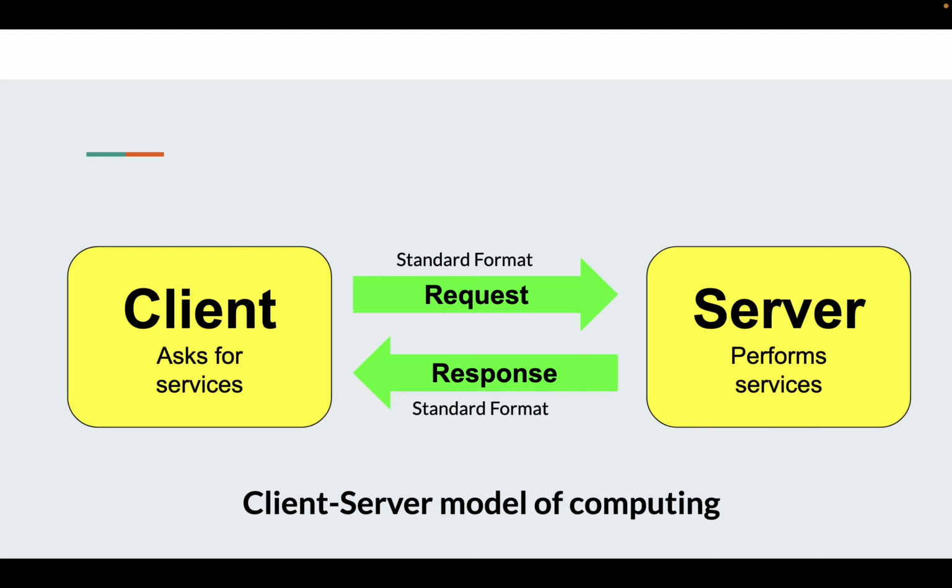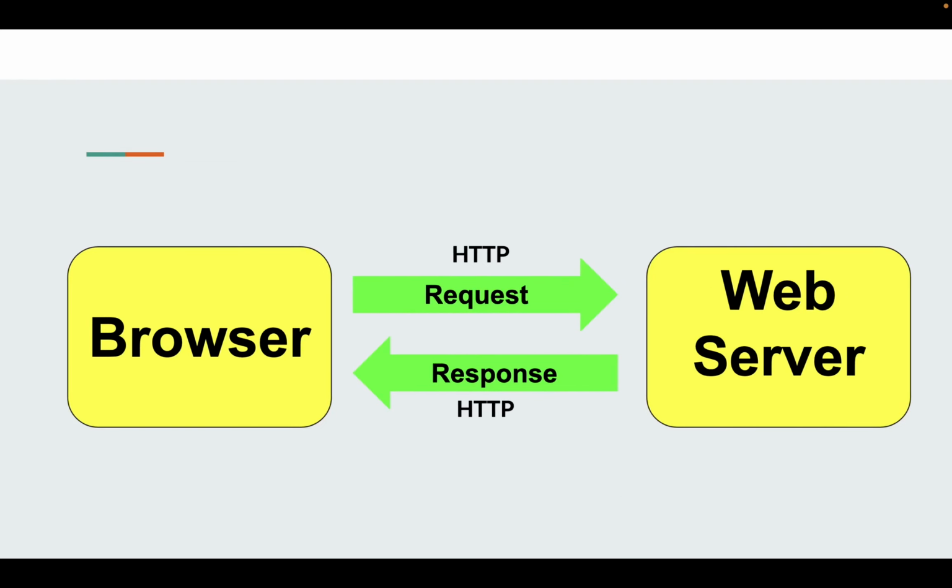Now, this standard model of request and response in a standard format between client and server exists in one of the most popular means of using this model, that is the internet. So we are used to talking about a web server. That is a computer connected to an internet that is accepting requests for work or data and is then providing a response.